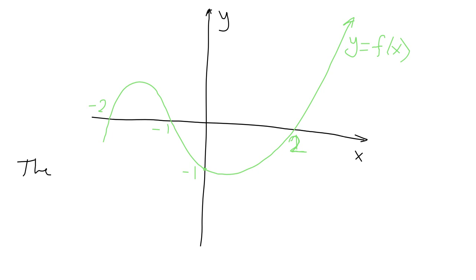The x-intercepts. Why intercepts? Because we have more than one, right? Are what? Minus 2. Yes, exactly. Minus 2, minus 1, and 2.